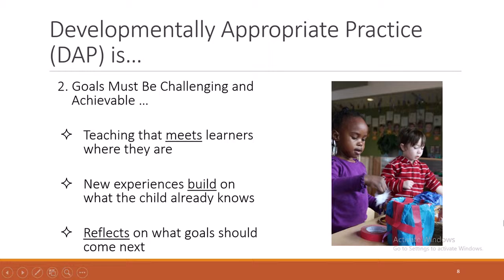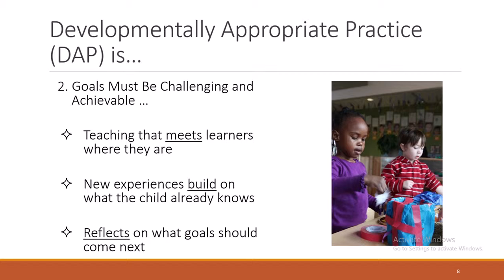The next core component is that goals must be challenging and achievable. So once you've really understood what it is that children in general know and are able to do at a specific age range, you've observed and really gathered information about the children that are in your care so that you have an understanding of their development, then you can start to think about, well, what comes next, right?